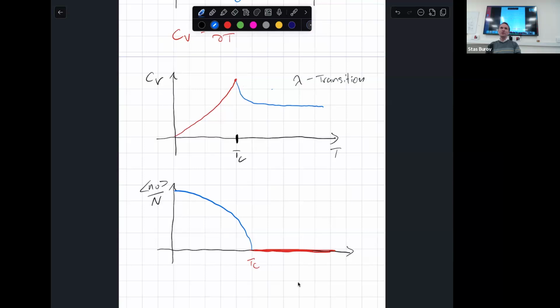It's a macroscopical number of particles that sit exactly at one specific microscopical level. Okay? This is what gives rise to very interesting physical phenomena. So this condensate phase, this is how it's called, gives rise to very interesting physics.